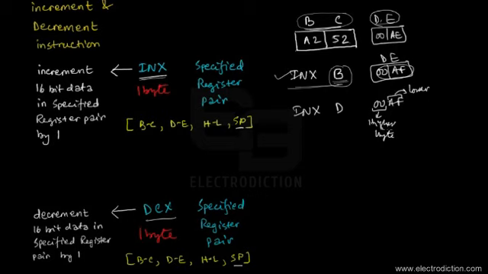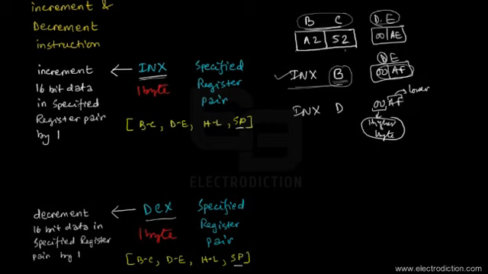The same thing is applicable for the DCX instruction as well. Whenever we work with these instructions, we are supposed to specify the name of the register that contains the higher byte of the 16-bit data contained in the corresponding register pair.